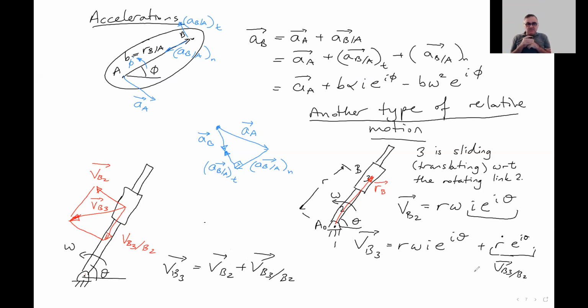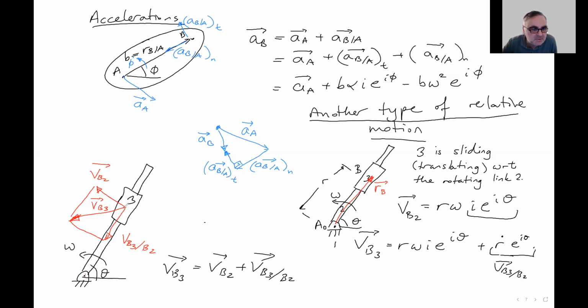You have seen this in dynamics. I'm just making a review here. I think this part is sort of clear. It's not that difficult to understand. We are talking about the velocity of the slider here.